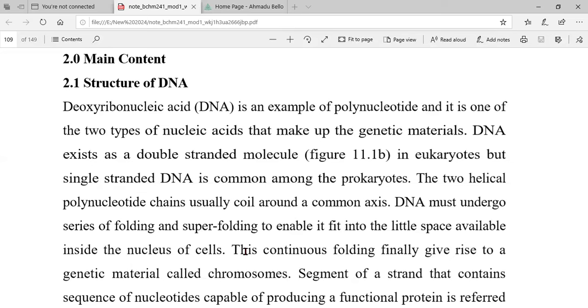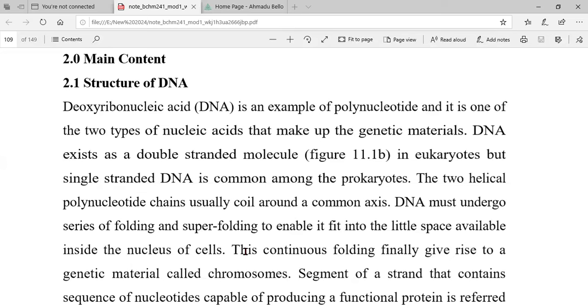So the DNA found in the nucleus has to undergo a series of folding and superfolding so that it can fit inside the small space available for it. This continuous folding gives rise to what we call the chromosomes.